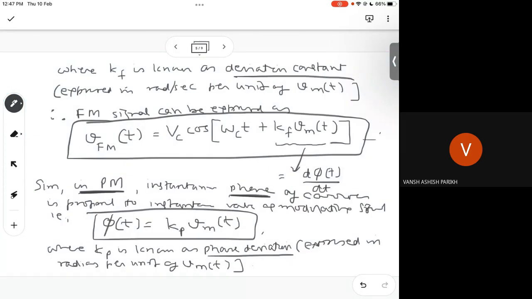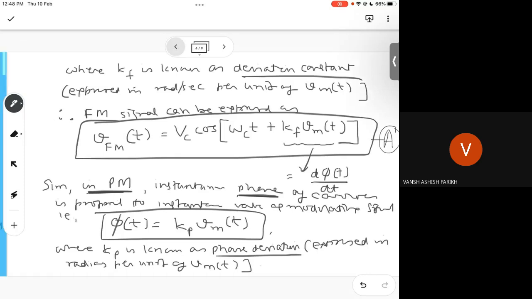Let's mark this expression as A, which is in terms of the deviation. Kf is the instantaneous deviation constant. Somewhere I've written frequency deviation, and somewhere deviation constant.